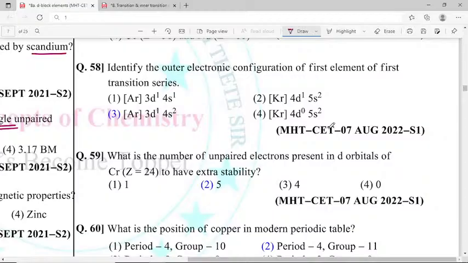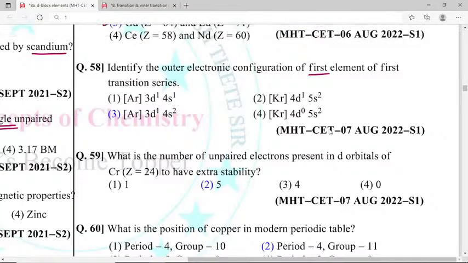Identify the outer electronic configuration of first element of first transition series. This is scandium, atomic number 21, 3d1 4s2. Scandium is the first element of first transition series.